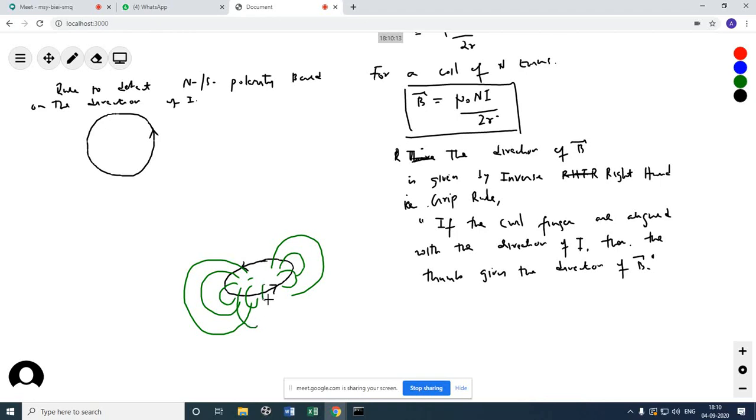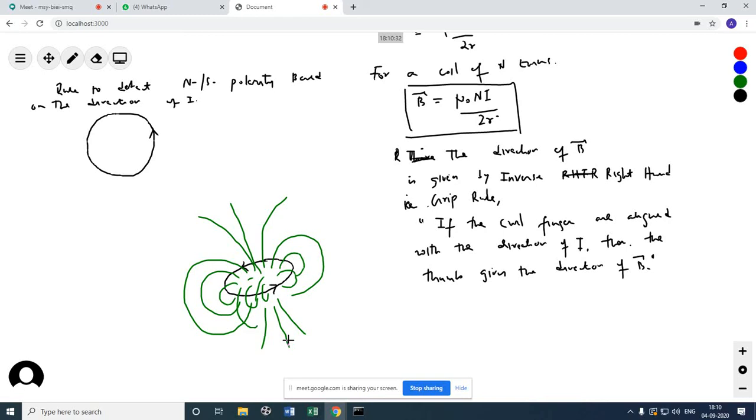If you look at the coil, there's another way to find out, which we will see later. Now every coil has a magnetic field, which means north and south polarity is there.